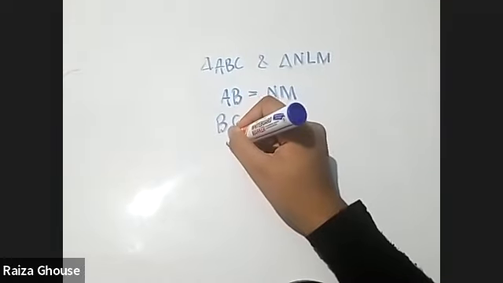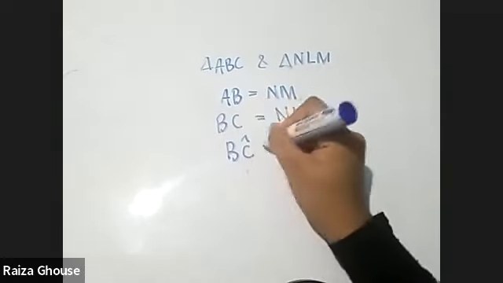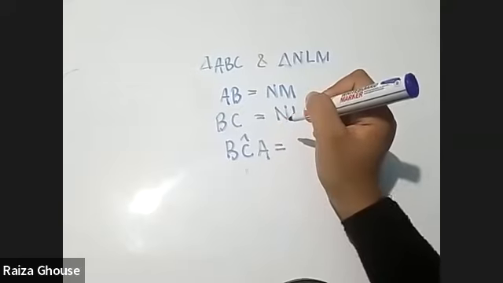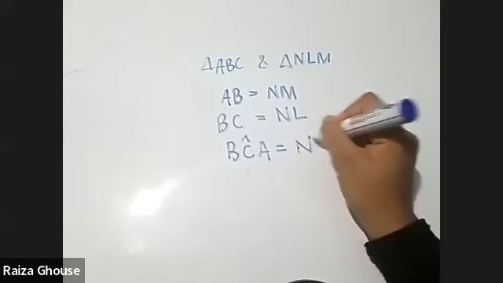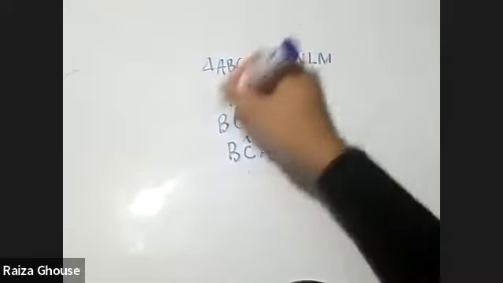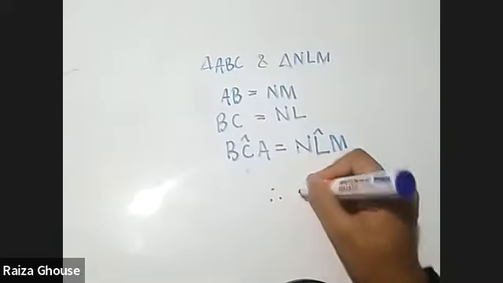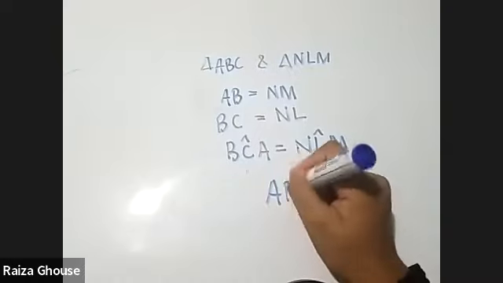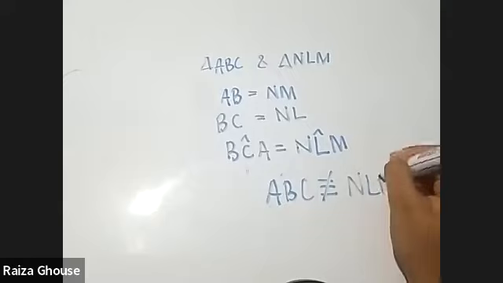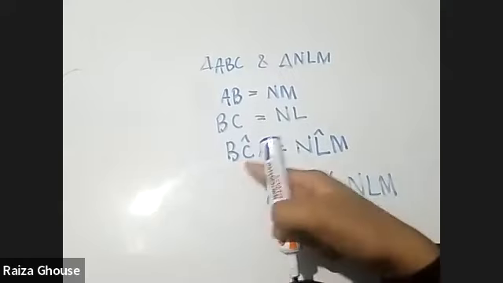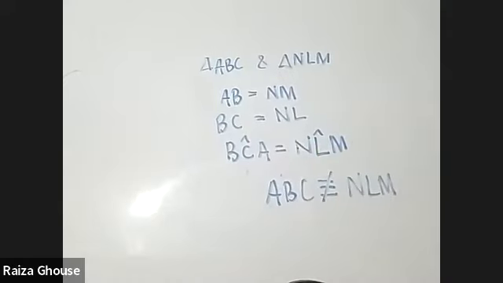Now tell me, angle BCA is equal to which angle? Yeah, BCA should be equal to NLM. But though the three data are there, we don't tell they are congruent. ABC triangle is not congruent to NLM triangle because the angle shown is not an included angle. That's the reason.